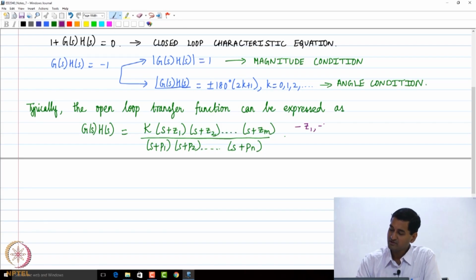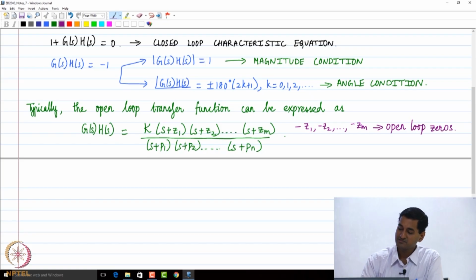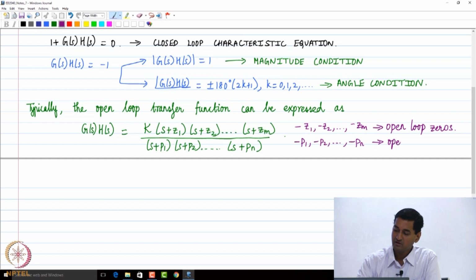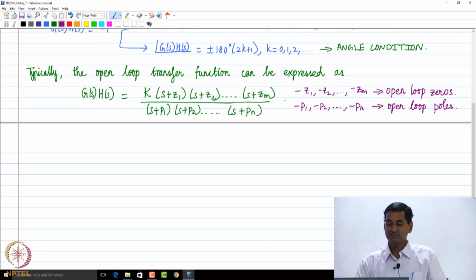So, -z1, -z2 all the way till -zm are nothing but the zeros of the open loop transfer function. -p1, -p2 all the way till -pn are the open loop poles. Okay, so that is the terminology which we already know, right?